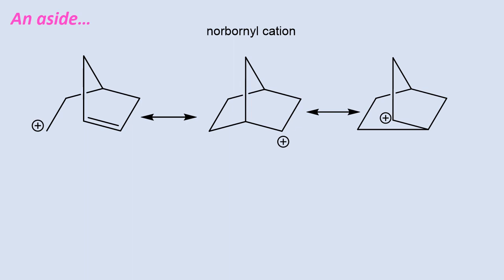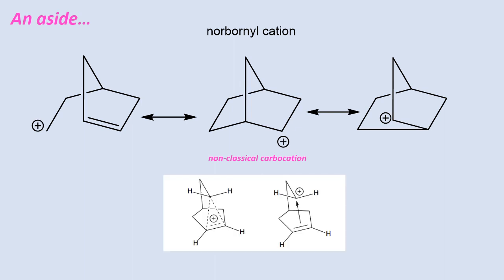So actually three unique structures that were existing in equilibrium versus being a resonance hybrid of these three structures. And as it turned out, after much research and much debate, this is an example of what we call a non-classical carbocation, and it is indeed a resonance hybrid of the three structures.